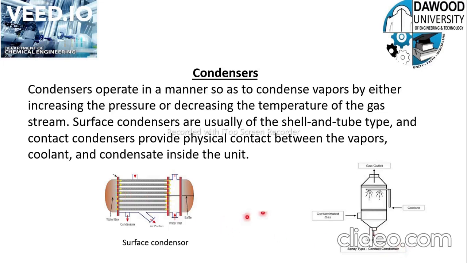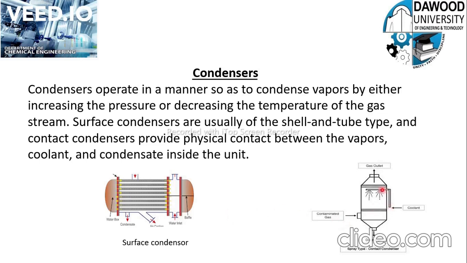The other type is the direct contact condenser. This condenser also works on the same principle, but the main difference is that in this condenser the condensate and the coolant come into direct contact with each other.